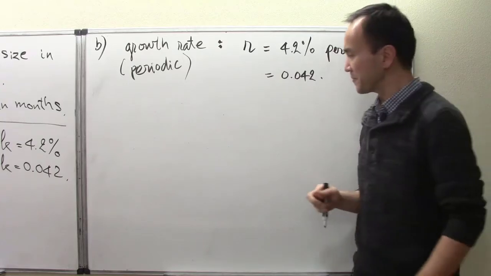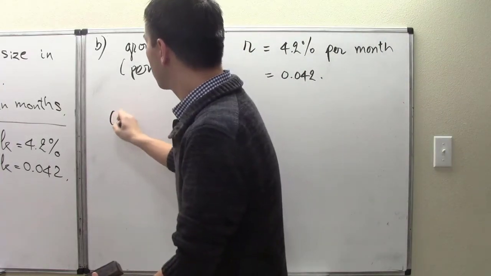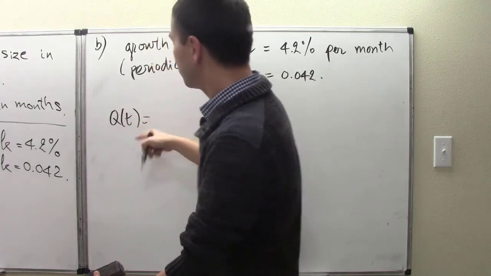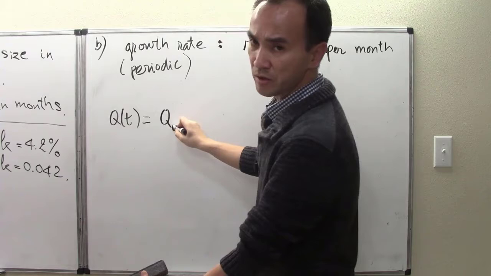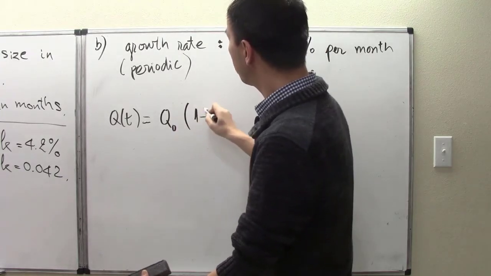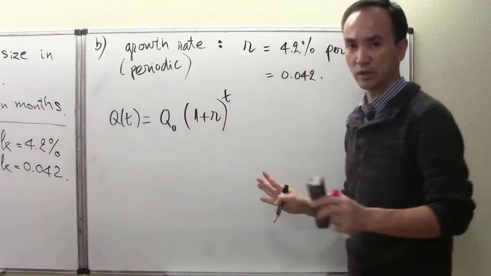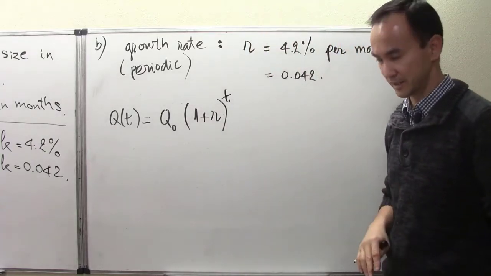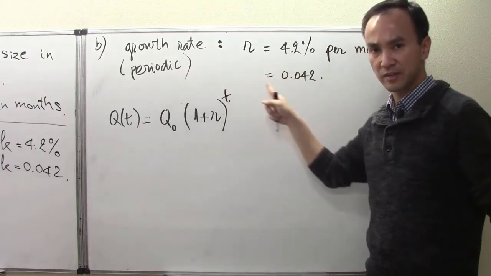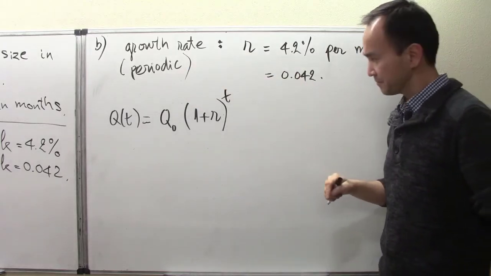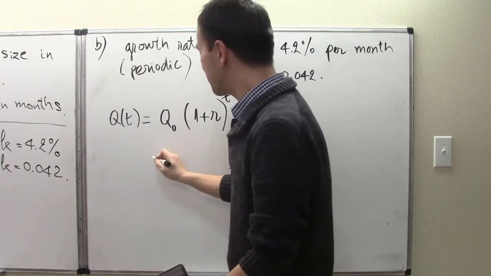As a reminder, the periodic growth model is in the form Q of t equals Q sub 0, the initial amount, times 1 plus r to the t. That's all there is. Our periodic growth rate is 0.042, and we already knew the initial population.